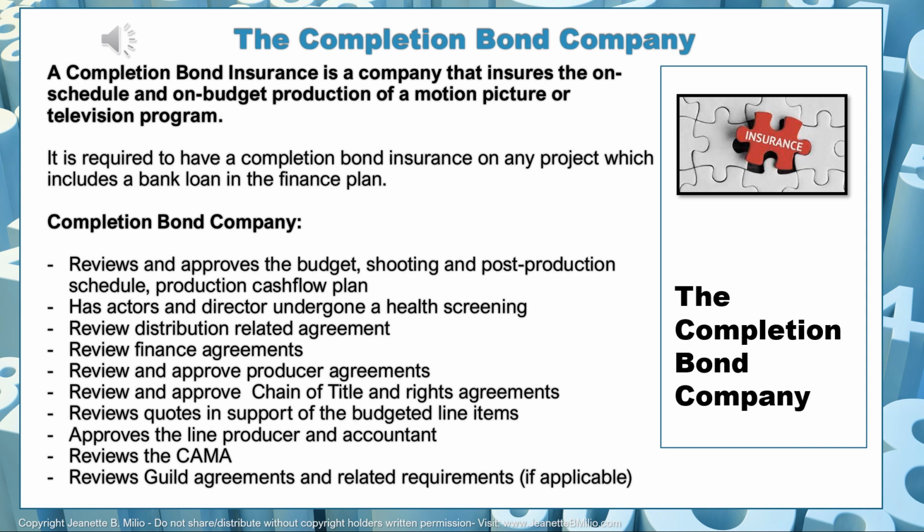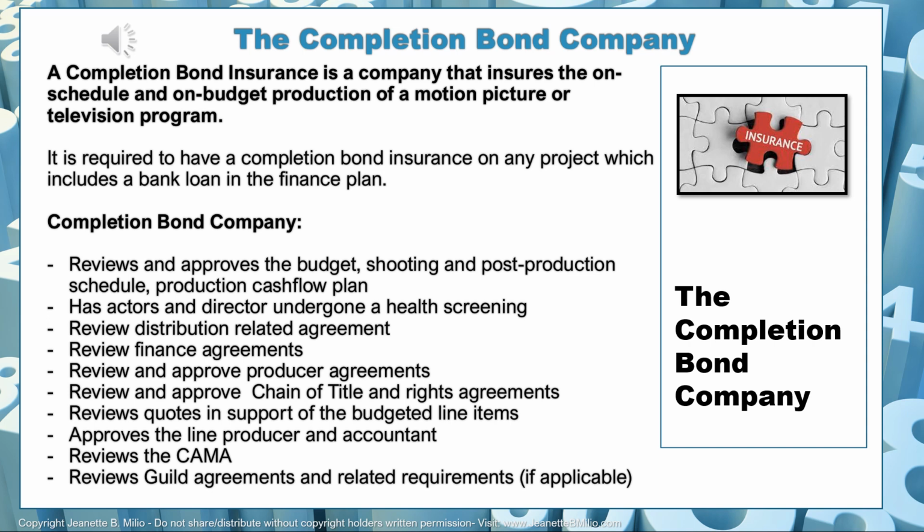A completion bond company is an insurance company that insures the on-schedule and on-budget production of a motion picture or television program. It is required to have a completion bond insurance on any project which includes a bank loan in their finance plan. The completion bond company does the following. It reviews and approves the budget, shooting, and post-production schedule, as well as the production cash flow plan.